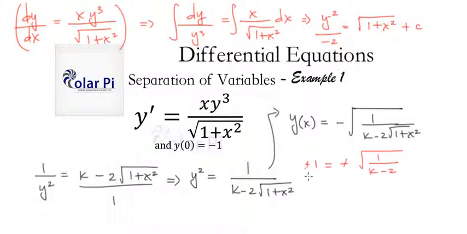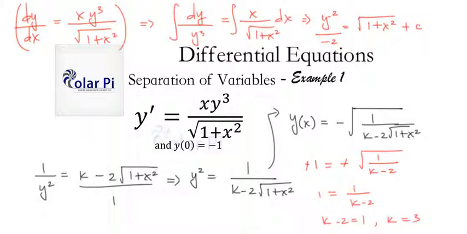We cancel the two negatives and then square both sides of what remains, and we get 1 on the left side and 1 over k minus 2 on the right side. That means that k minus 2 is equal to 1, which means that k is equal to 3.